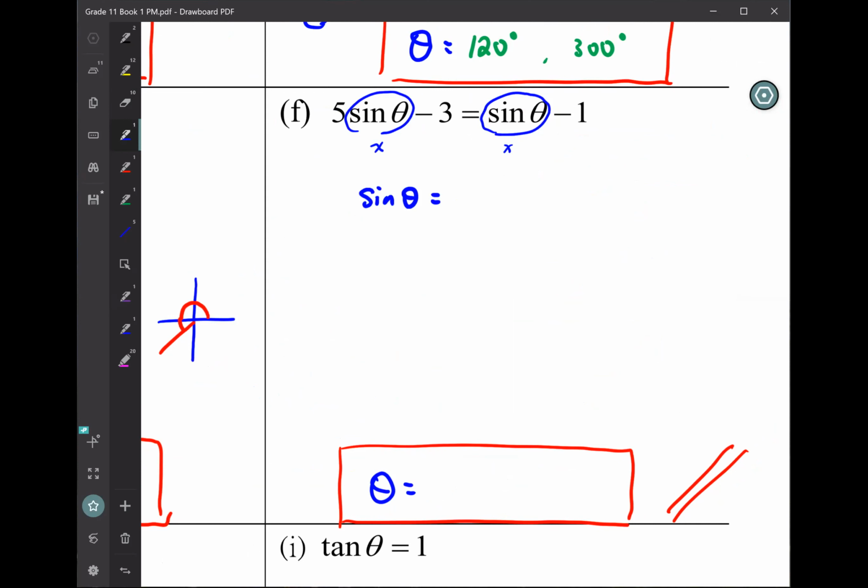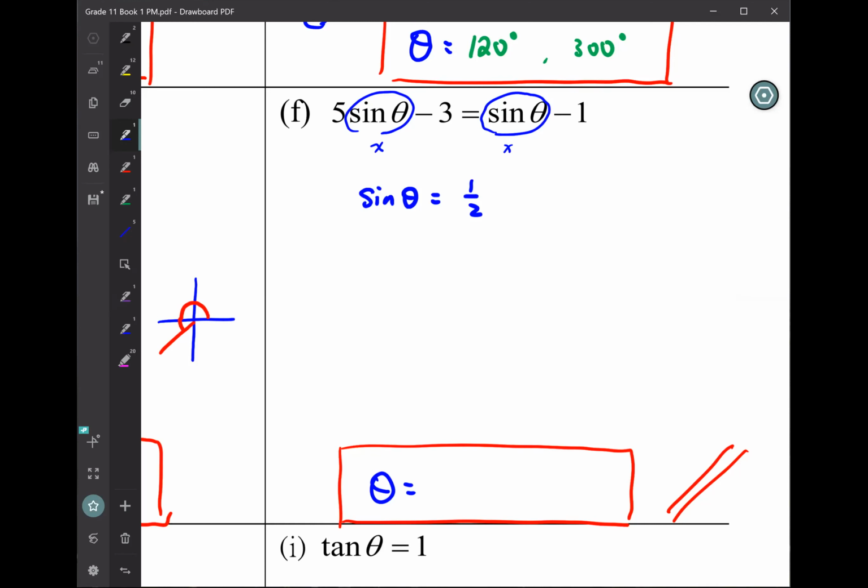Okay, Harry, do you have it? Do you have sine theta equals something? 1/2. Can you tell us how you get it?